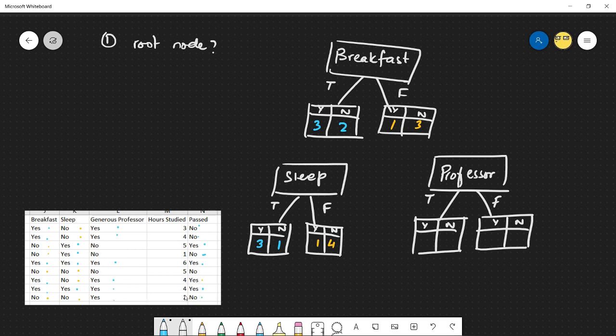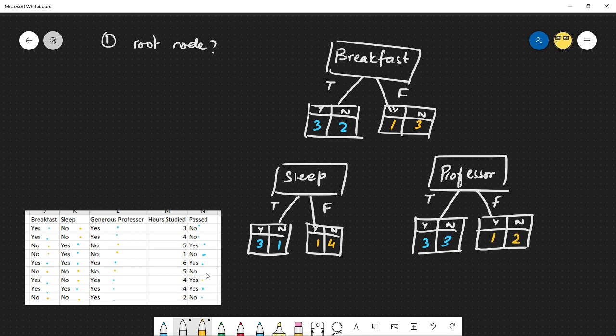For false, we have 3 nos, 2 generous professors, and for each, we check: 1 yes, 1 no, and 2 nos. So 2 failed and 1 passed.